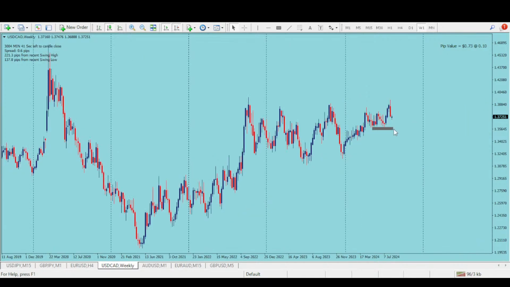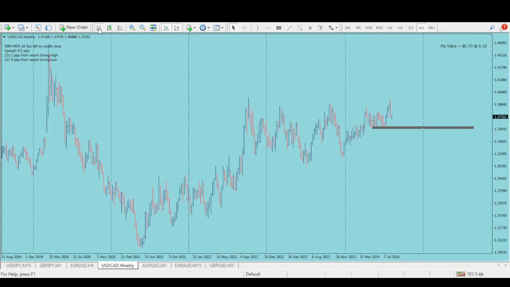So here, okay, we mark it here. Then we can use line charts. When we use line charts, this is a bar chart.